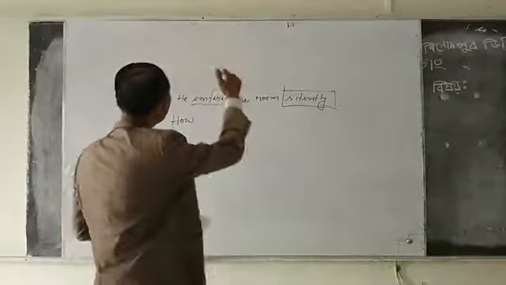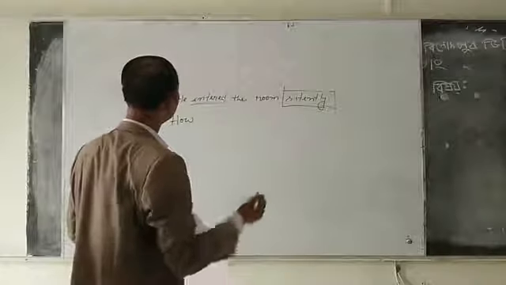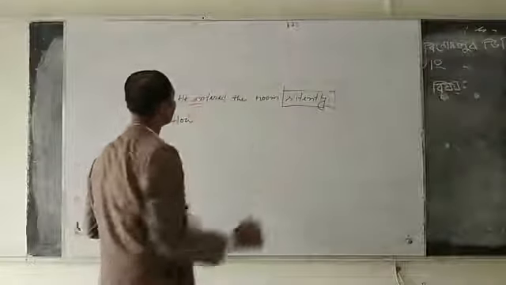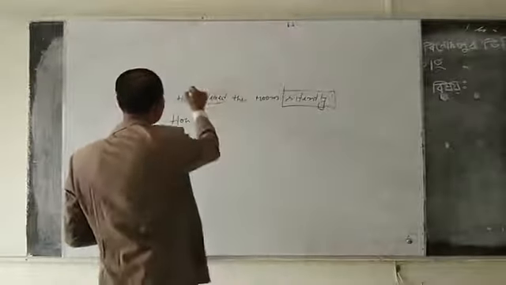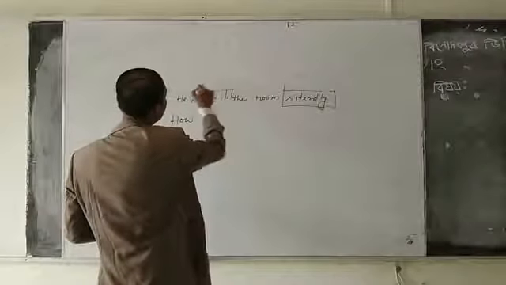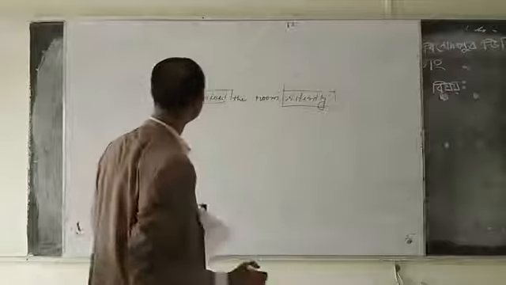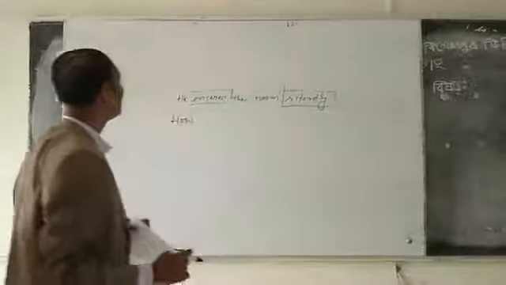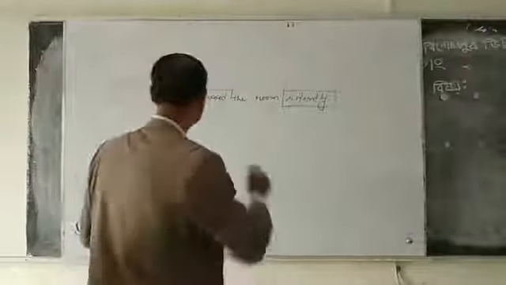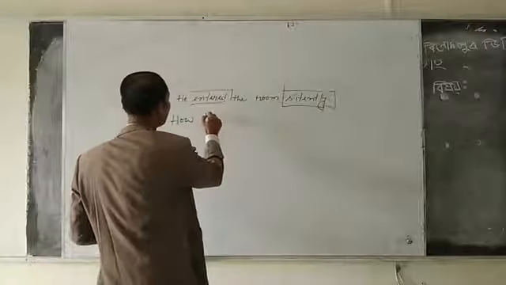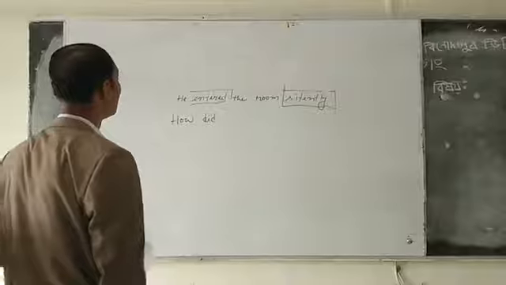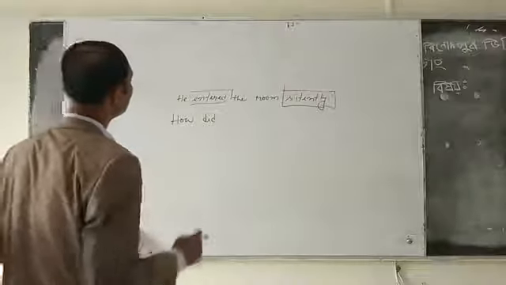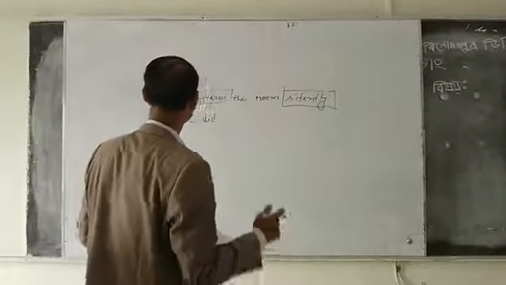If we do not get an auxiliary verb directly, we will choose an auxiliary verb on the basis of the main verb. As the main verb is in past form, we will use did as an auxiliary verb.